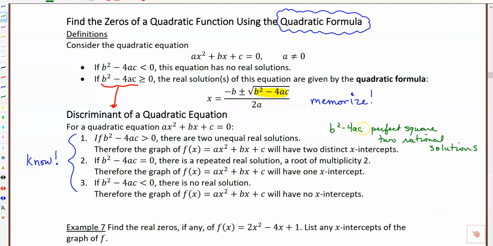If b squared minus 4ac is not a perfect square, then you're going to have two irrational solutions, which means that the solutions will involve a square root of some sort. I like to know that because it tells me just by looking at it whether or not I'm going to have to deal with radicals in my final answer.